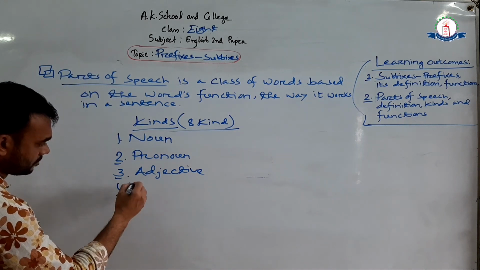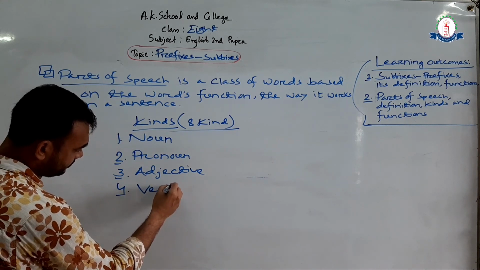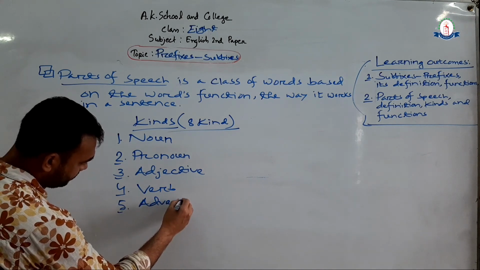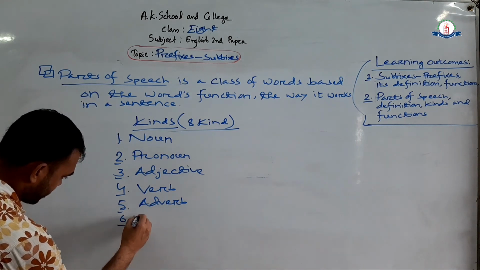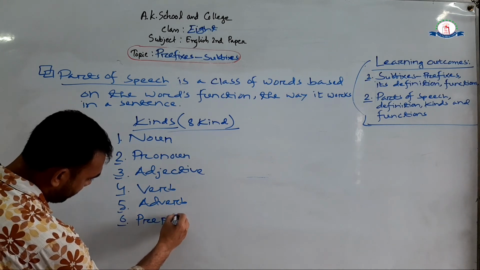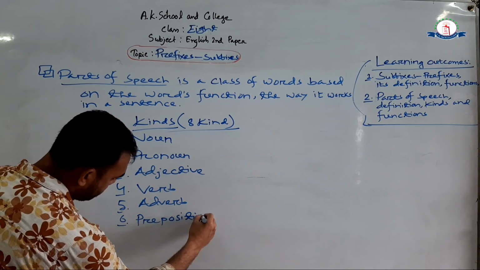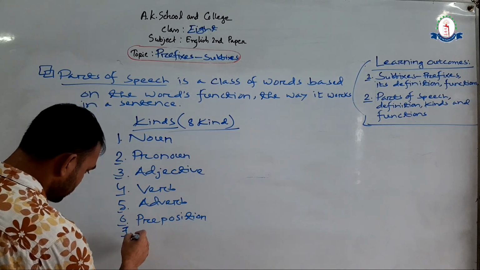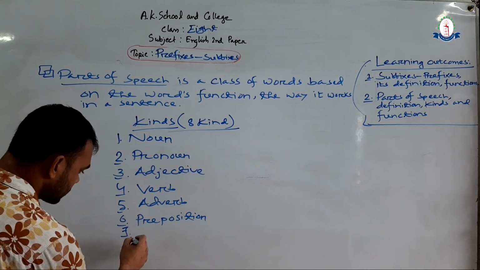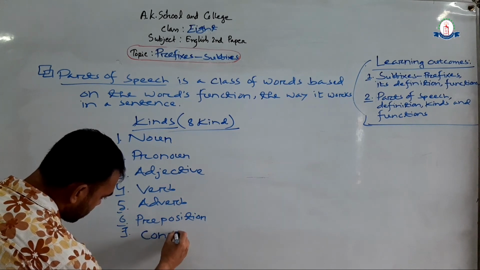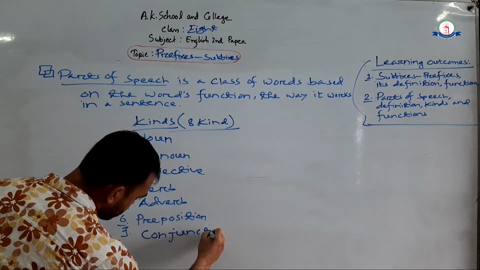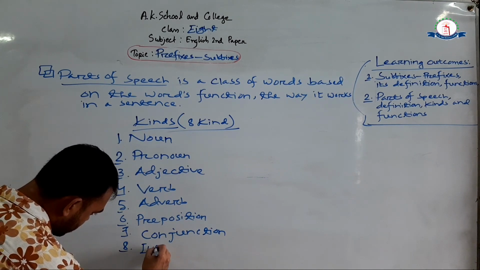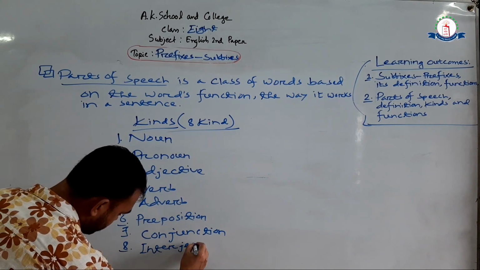Number 4, verb. Number 5, adverb. Number 6, preposition. Number 7, conjunction. And the last one is interjection.